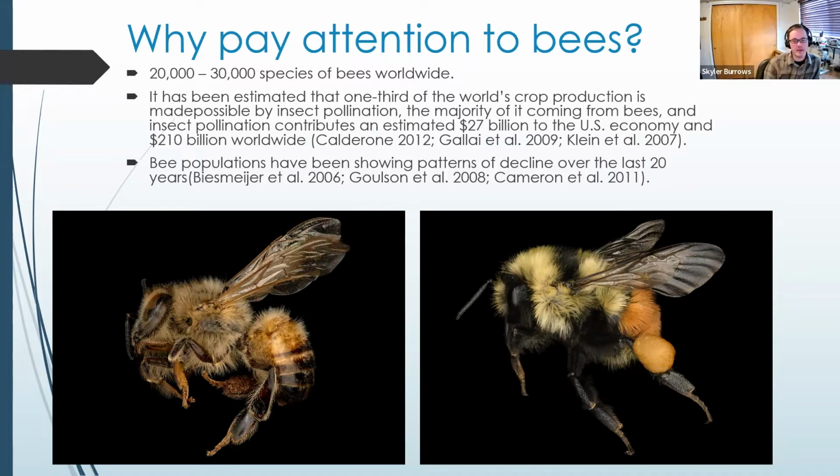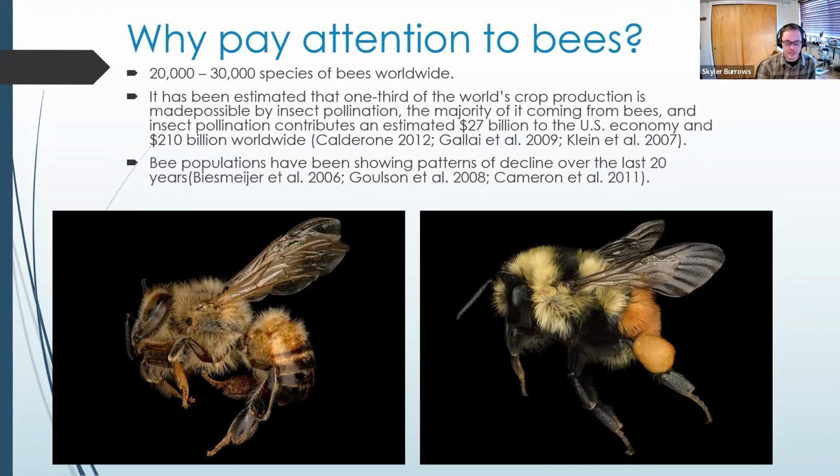Another thing to think about with bees, sociality is really uncommon in bees. The only social bees here in the US are bumblebees here on the right, and honeybees. So those are the bees that you think of that will have queens that lay all the young and raise them up.